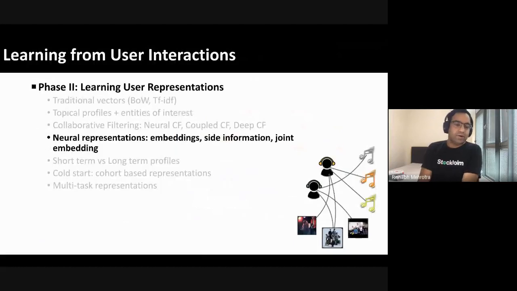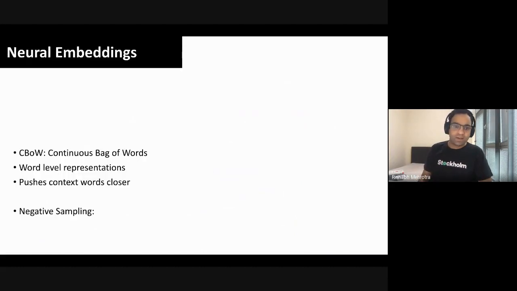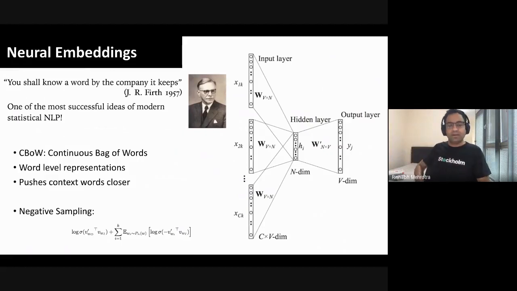While we're talking about neural approaches, instead of just combining it with collaborative filtering, we can also start by looking at how we create embeddings of users and content. Rolling back to 2013, there's this very nice paper from Thomas Mikolov saying that we can learn embeddings of words.